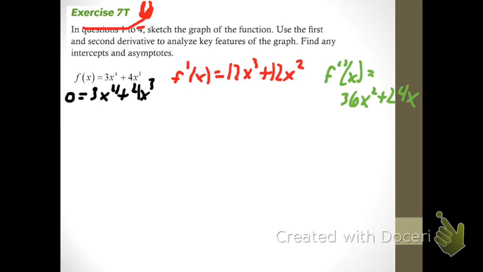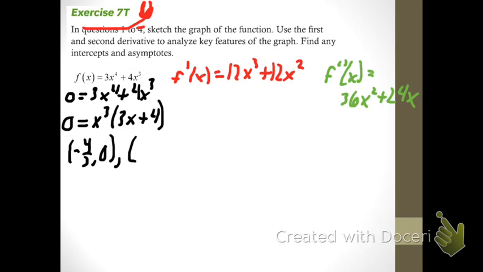Then we can use a little factoring to solve that equation. We can say 0 is equal to x cubed times 3x plus 4. And that's going to tell us that when x equals 0 and when x equals negative 4/3, you've got intercepts. And so the intercepts would be negative 4/3, comma 0, as well as 0, comma 0.